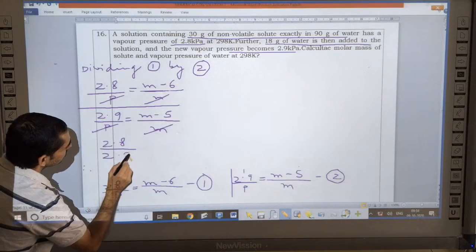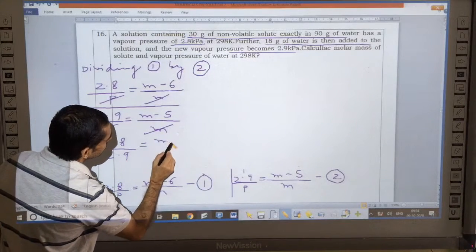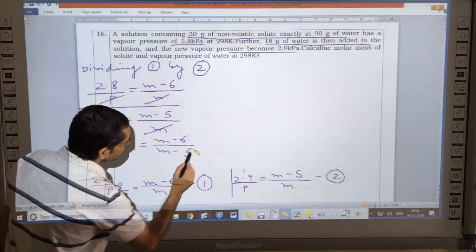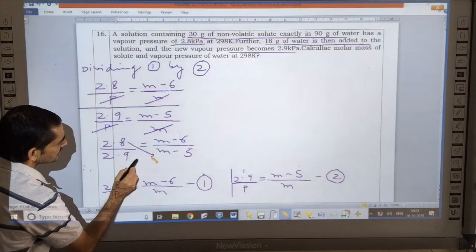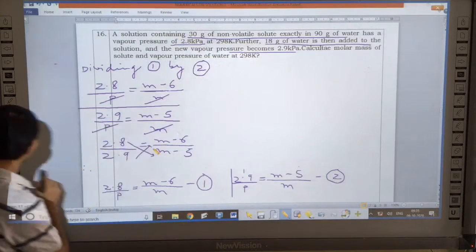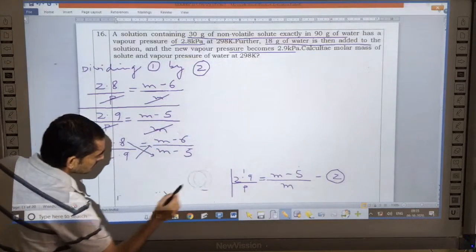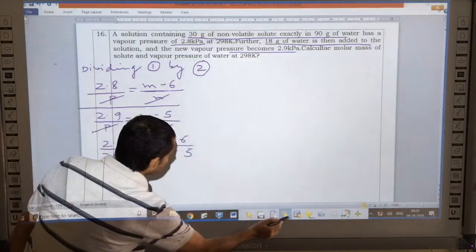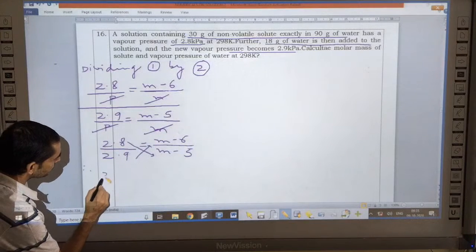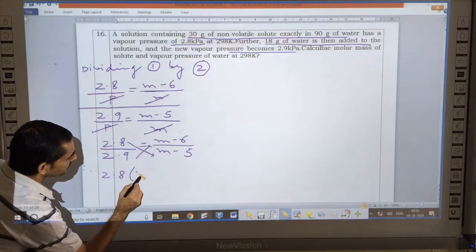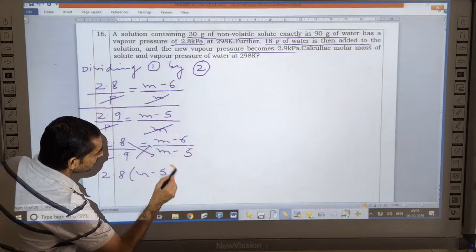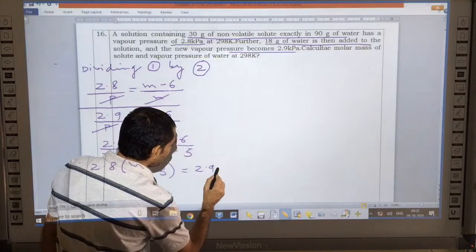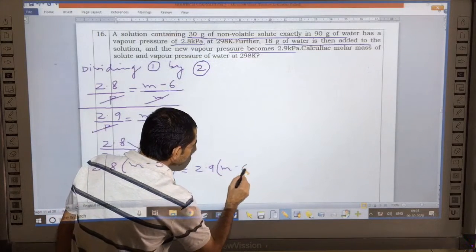2.8 upon 2.9 is equal to M minus 6 upon M minus 5. Now you cross multiply this. On cross multiplying we will get 2.8 into M minus 5 will be equal to 2.9 into M minus 6.